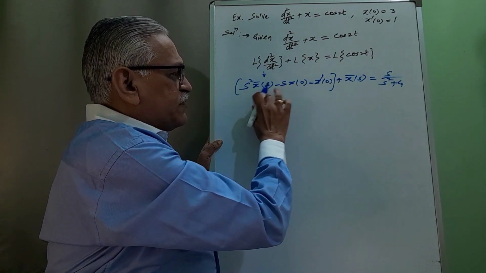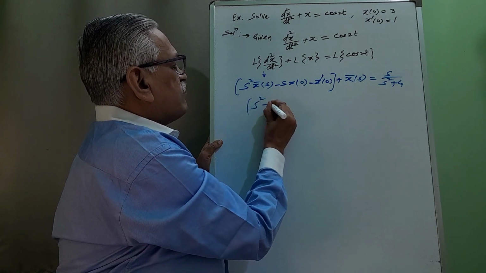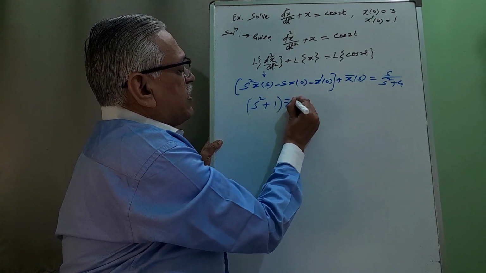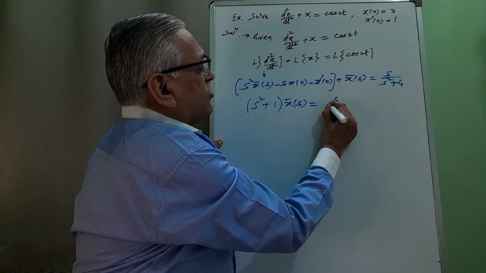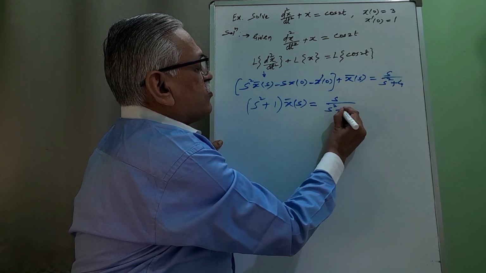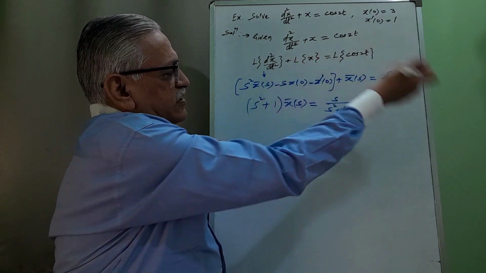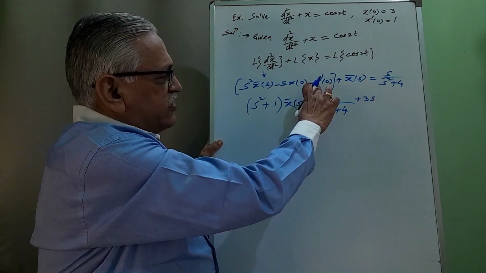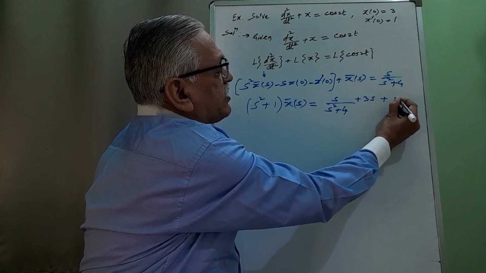Collecting the terms of x bar of s, we get s square plus 1 into x bar of s is equal to s upon s square plus 4. Value of x of 0 is 3, minus 3s, transferring to right hand side it becomes 3s. x dash of 0 is 1, minus 1, if we transfer it becomes plus 1.